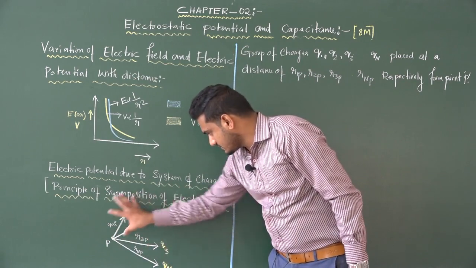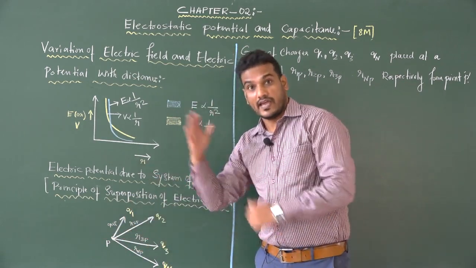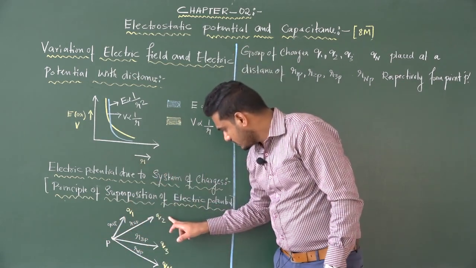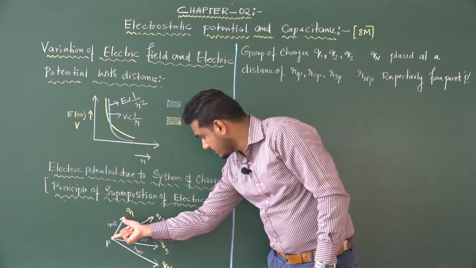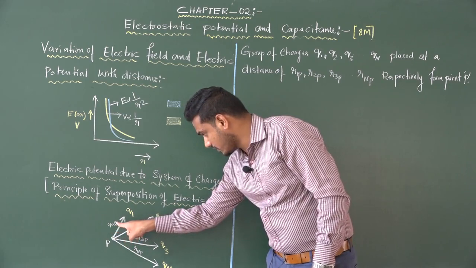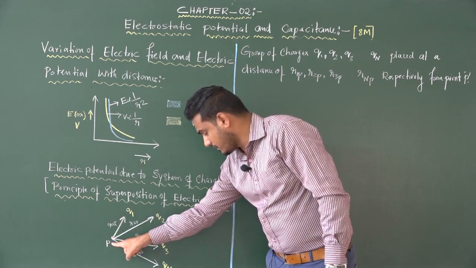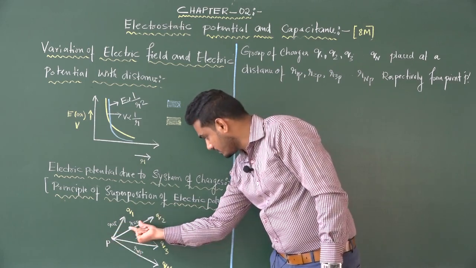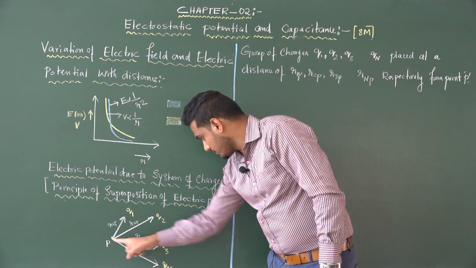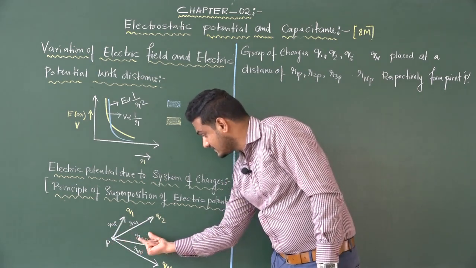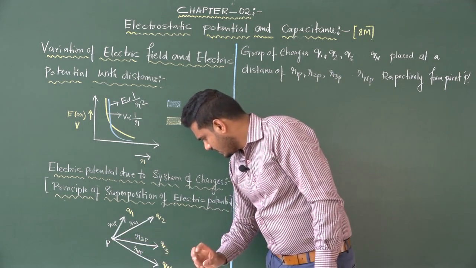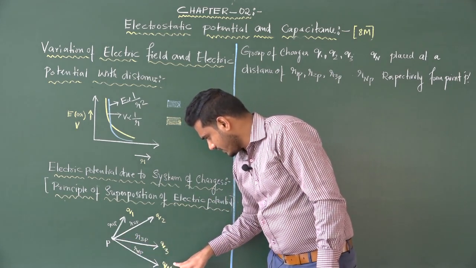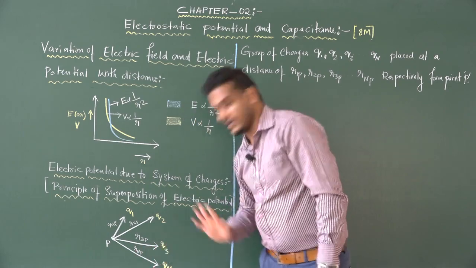I consider up to n number of charges, Q1, Q2, Q3 and up to Qn. The distance between the point P and Q1 is R1p. The distance between P and Q2 is R2p. The distance between P and Q3 is R3p. The distance between P and the charge Qn is Rnp.